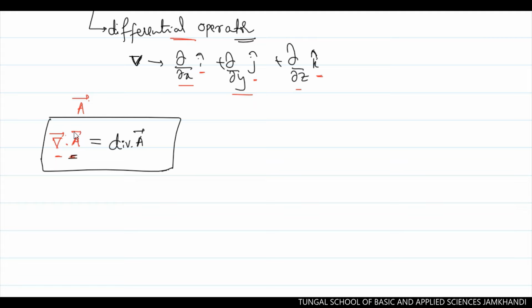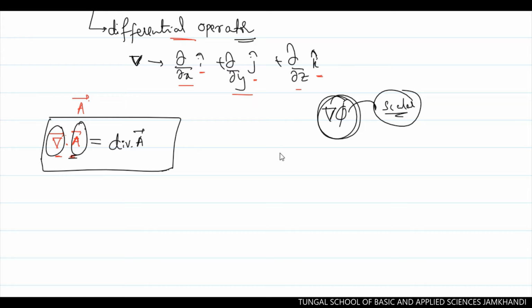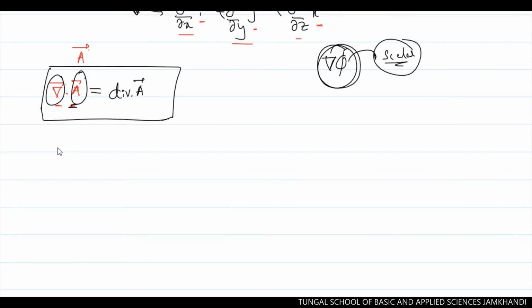So A is the vector function, and here del is the operator acting on that vector A. In the case of the gradient, we defined that del acts only on a scalar function, which is just normal differentiation. But when it comes to the divergence, it is a vector operator product with vector A.